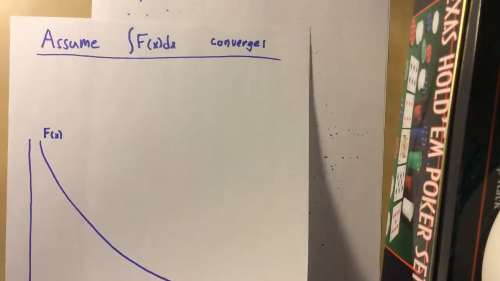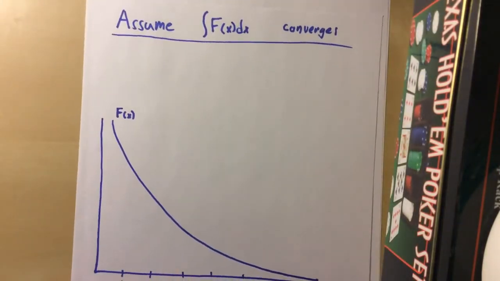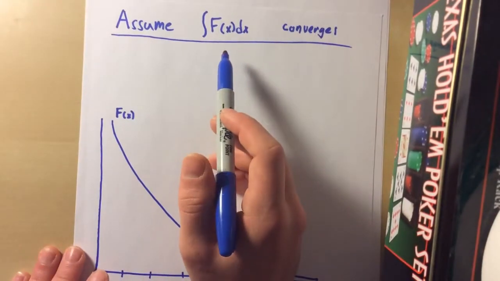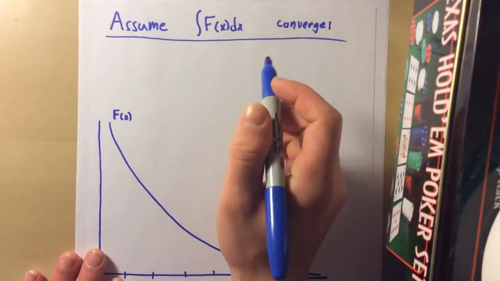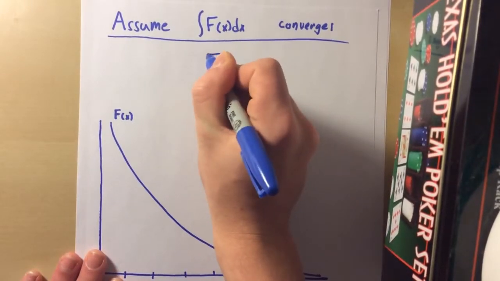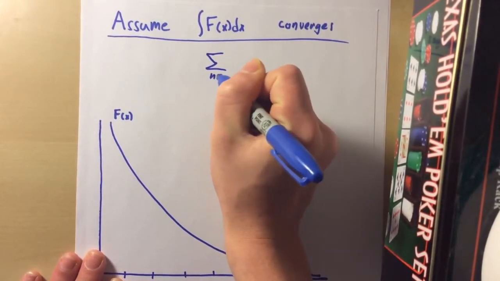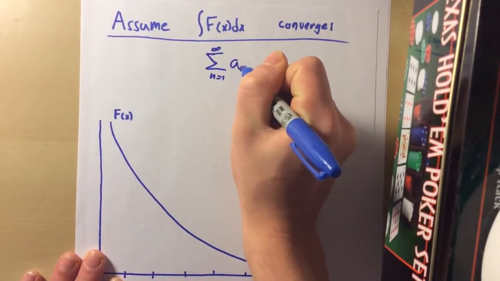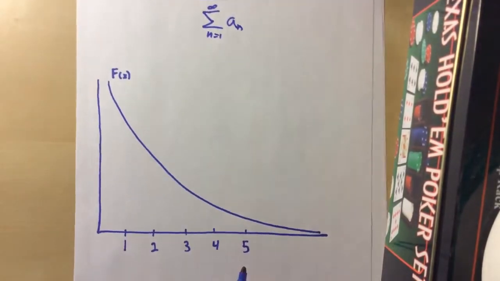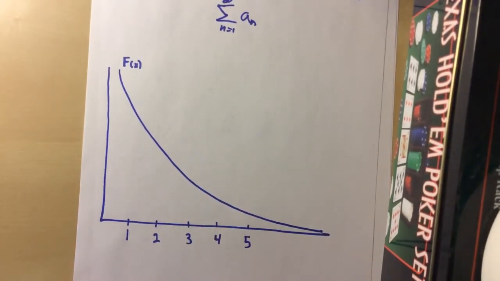Now let's look at a converging integral. So we're assuming that now the integral of f of x converges. So remember, our series is from n equals 1 to infinity of a sub n, and here's another graph of f of x.